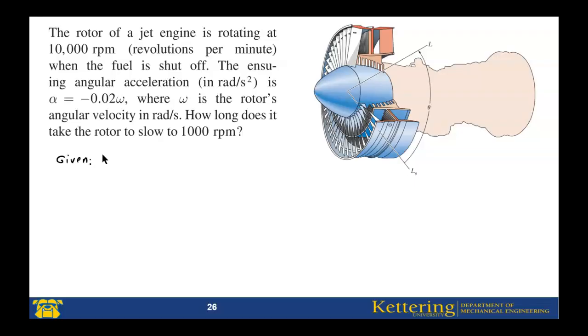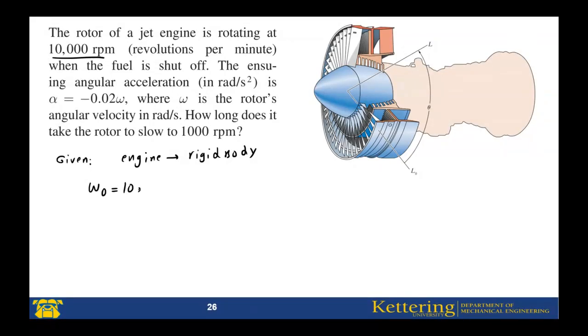I consider the jet engine as a rigid body. The initial rotation speed, you will see this is a type of speed. Because it's rotating, it is called angular velocity, omega 0.